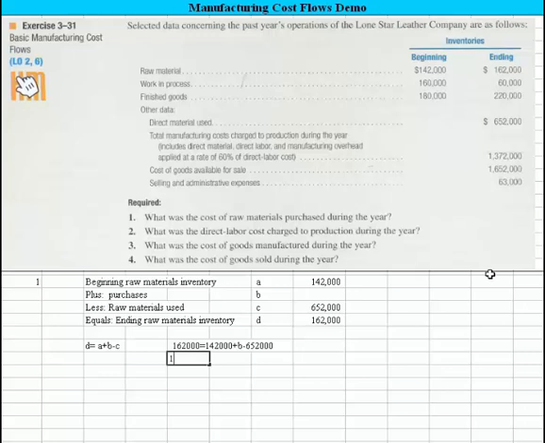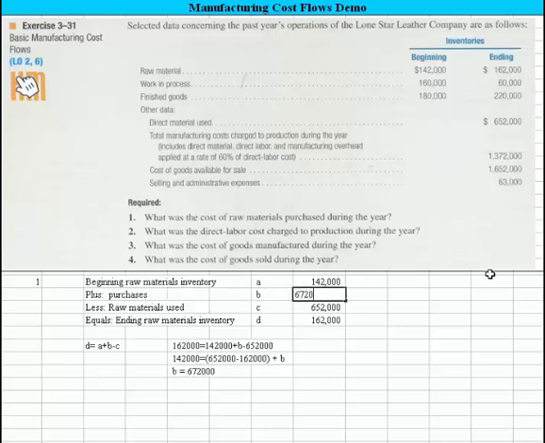So 142,000 would be equal to 652,000 minus 162,000 plus B. Once we have that, we can just solve for B. And B is going to be equal to 672,000. Now let's make sure that really works.